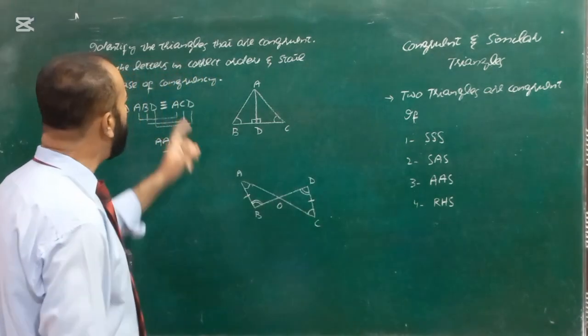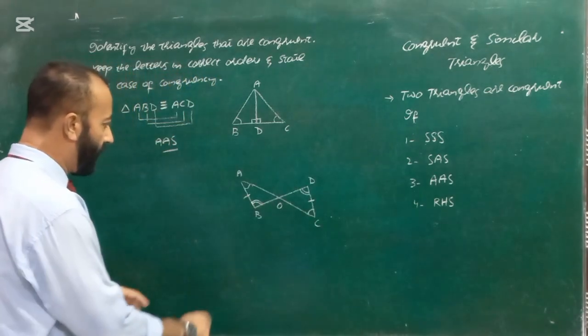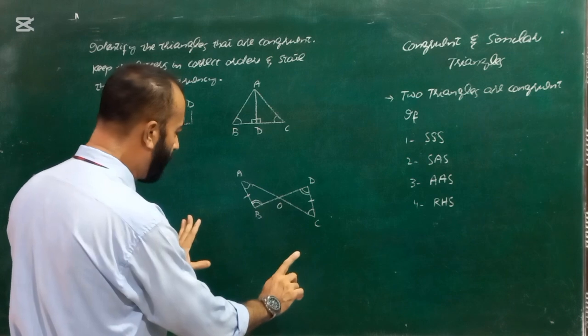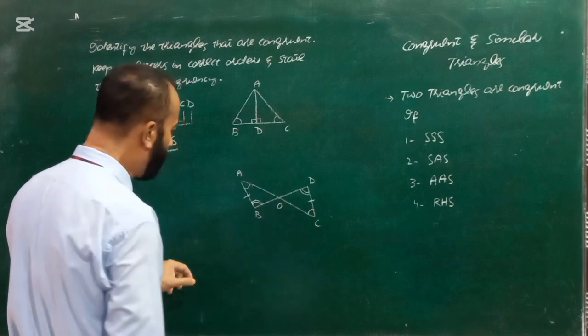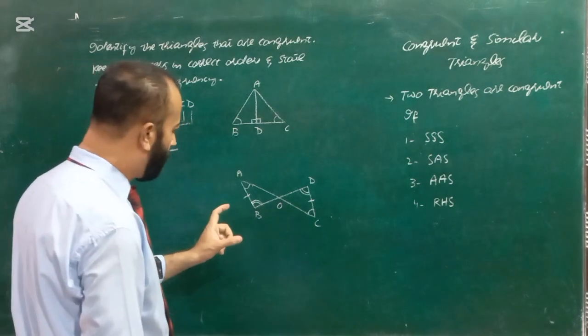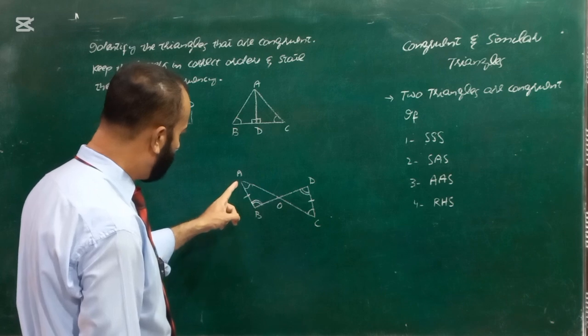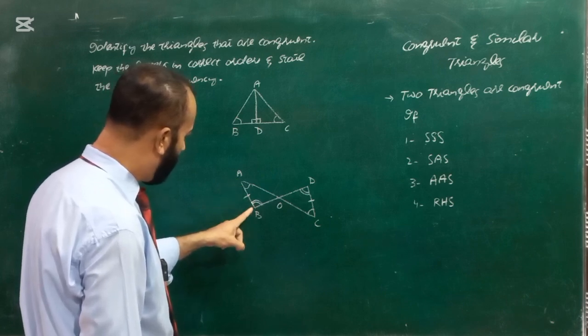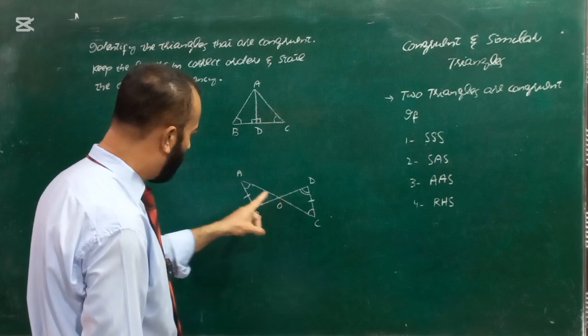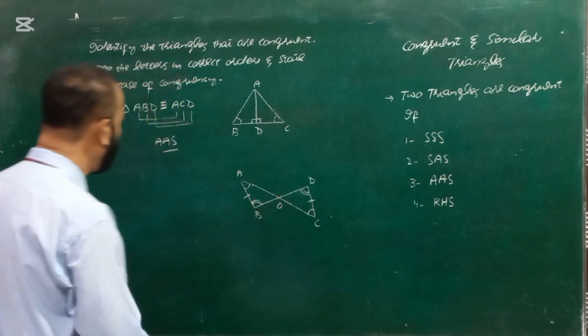Here is another figure. This statement is same. Definitely these two triangles are again congruent. So keep the letters in correct order. Look here, we are moving from single side to double and then O. So look now, ABO.